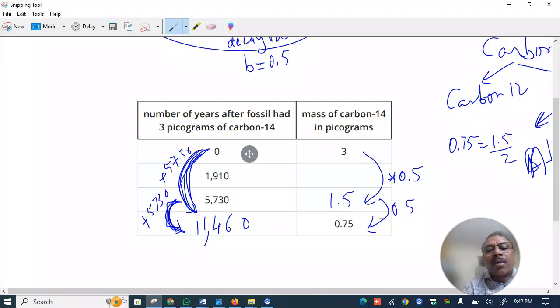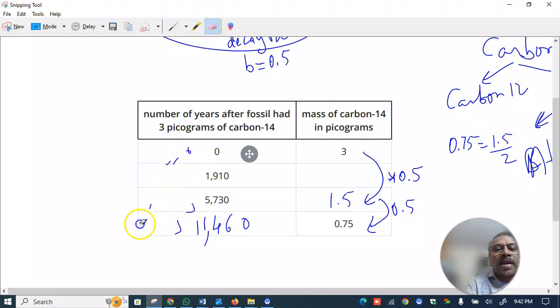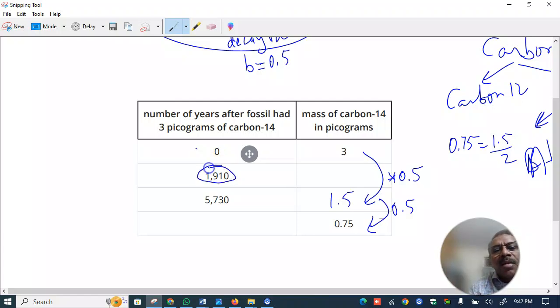So how do we figure out what this number is? Let's check this out. If you see this 1910 from here to here, there is a relation. I want you to think about how this number is related to this number.